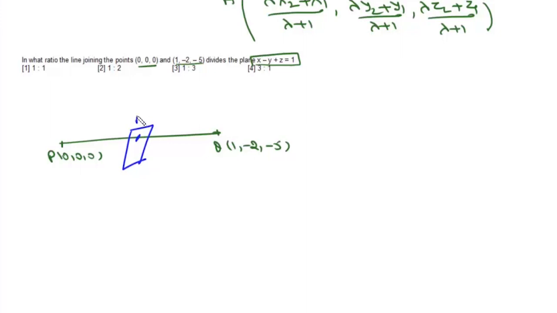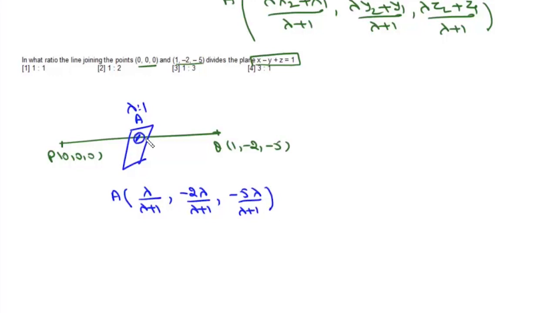Now let this point of intersection be A, and suppose this A divides PQ in the ratio lambda is to 1. Then we can write the coordinates of this A as lambda upon (lambda plus 1), minus 2 lambda upon (lambda plus 1), and then minus 5 lambda upon (lambda plus 1).